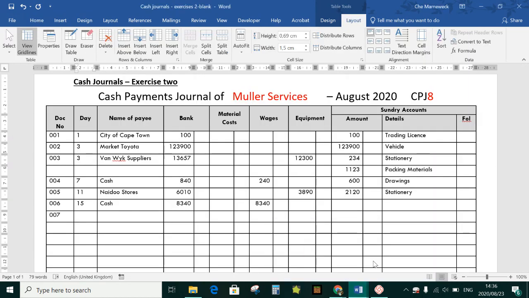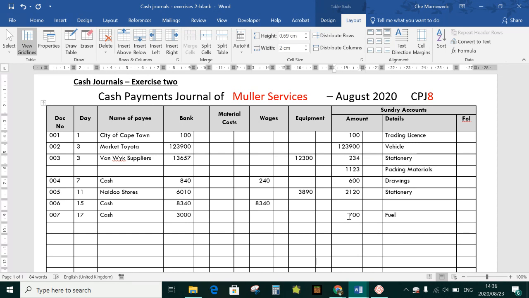So we go to our journal. It's day 17. We write cash, 3,000 Rand. Of that, we're going to record 700 Rand for fuel.